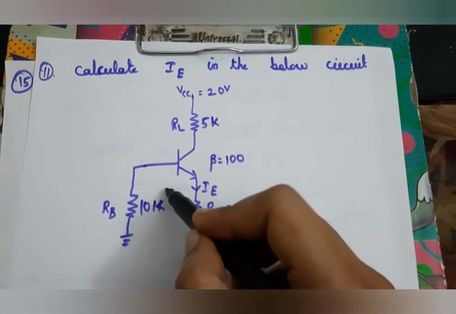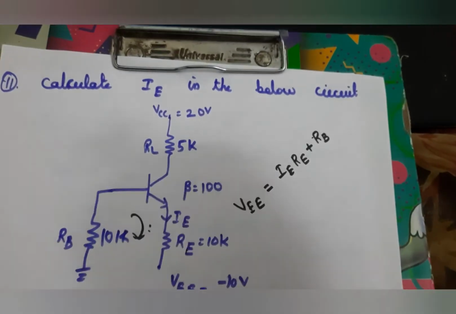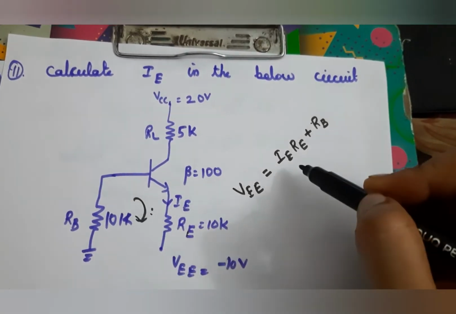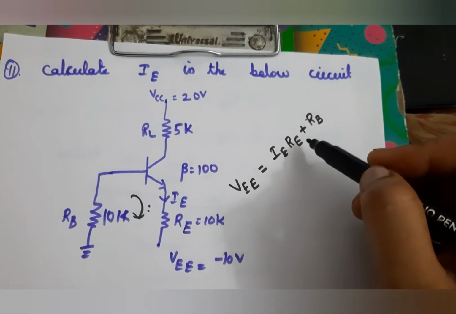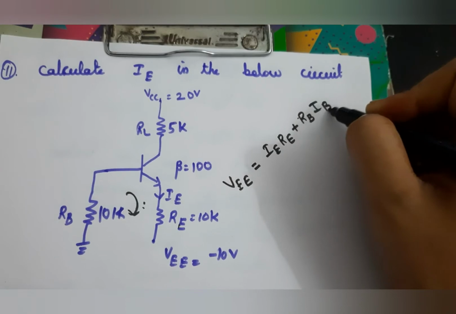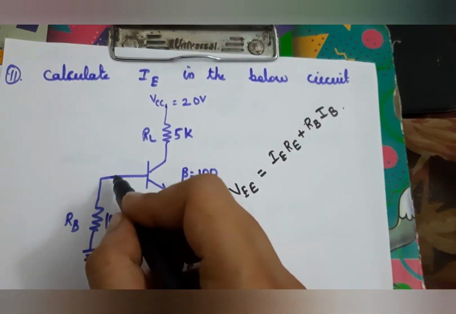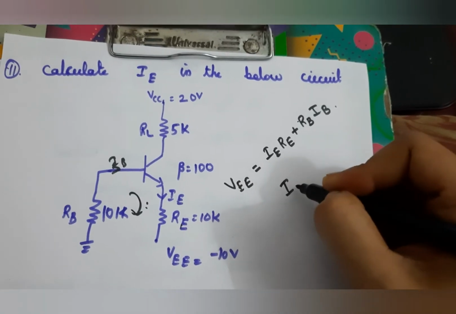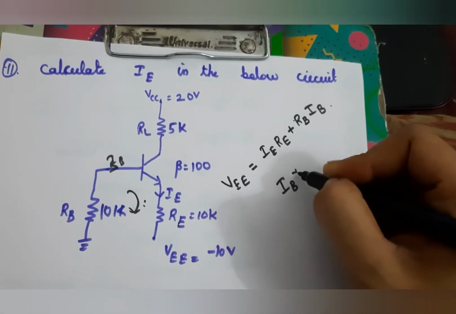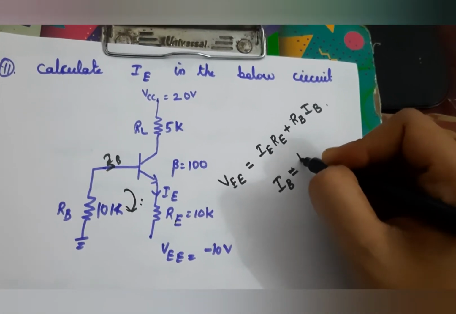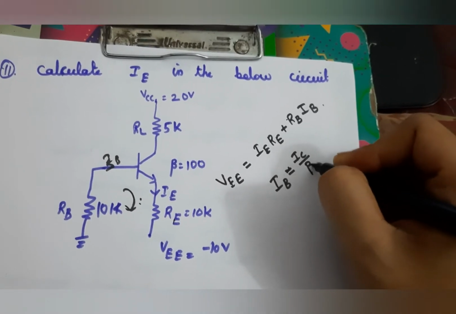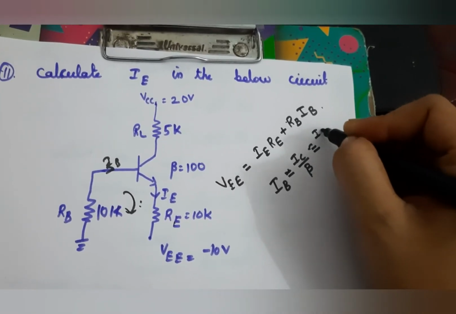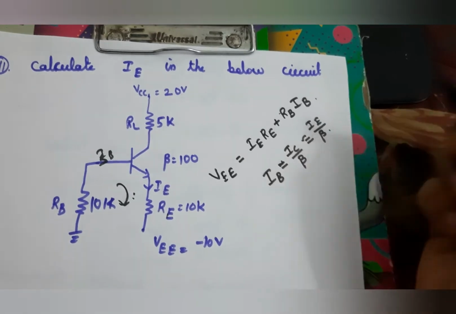Next question: calculate IE in the below circuit. For this question, consider this loop: VEE equal to IE RE plus IB RB. Here we don't know the IB value, and we make the assumption that IB is approximately equal to IC by beta, that is approximately IE by beta.